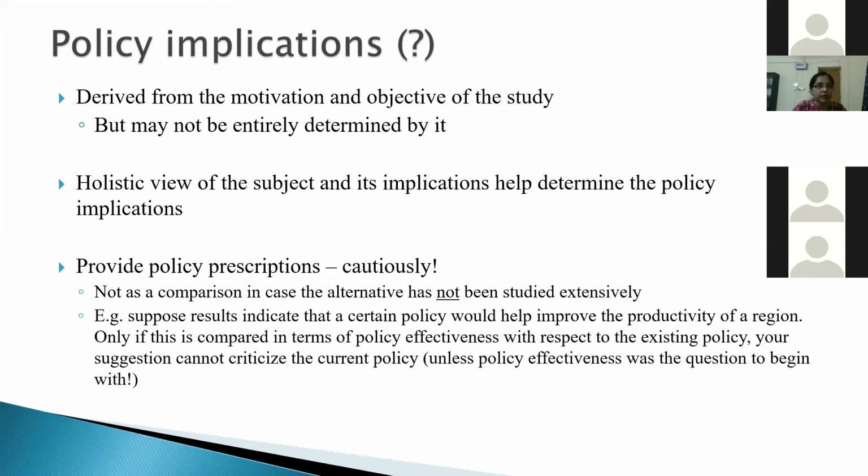Why can I not make this claim? Why can I not say that policy B should not be pursued? The reason is that I have not undertaken research to see why that policy may have been bad.